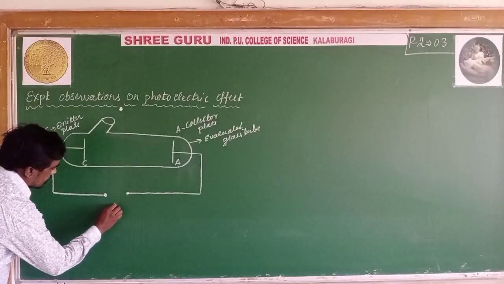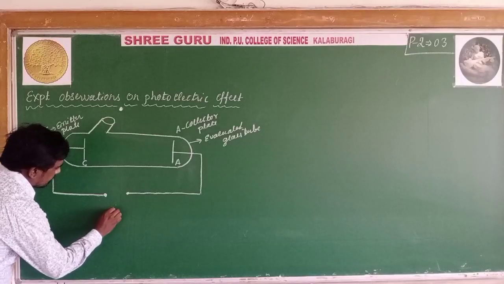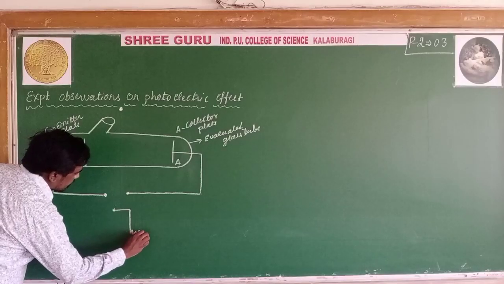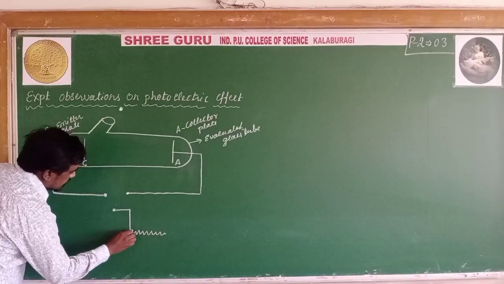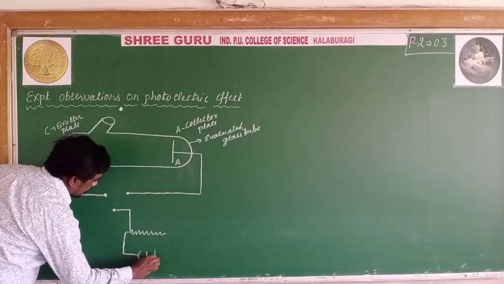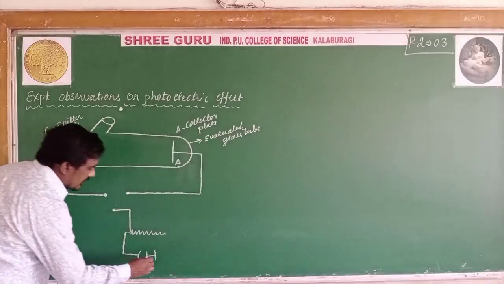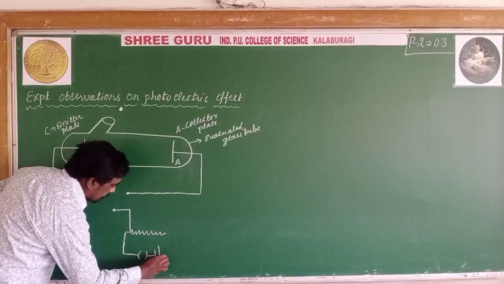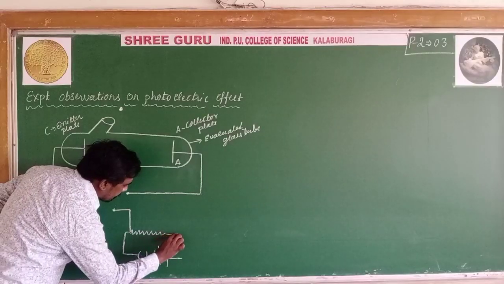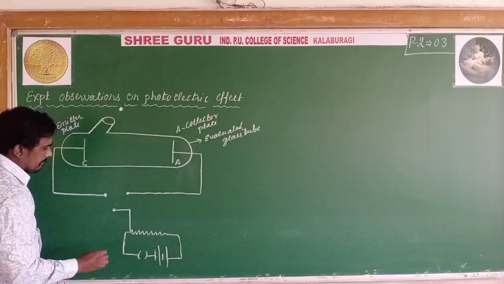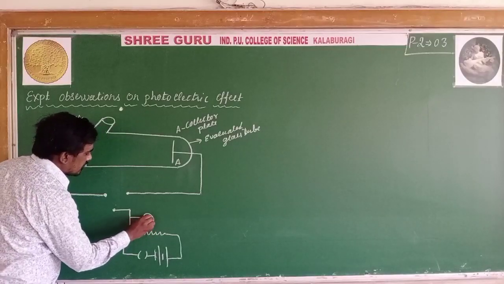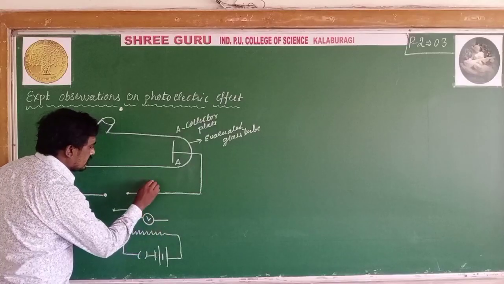Here is the experimental setup. There is a rheostat, which is connected with the key and the high tension battery. Here we connect a voltmeter to measure the potential difference.